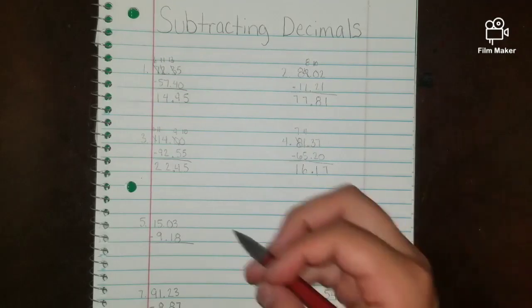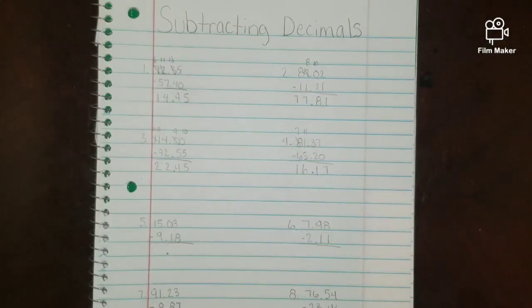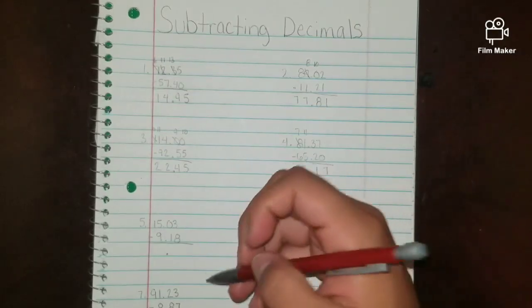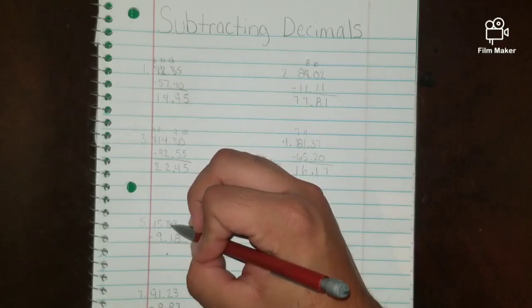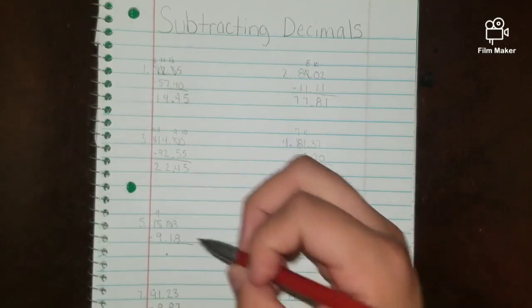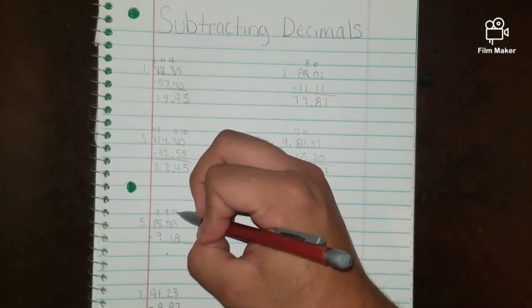For our next one, we can bring down our decimal point since they're in the same place and start subtracting. 3 minus 8 we cannot do because you cannot take away 8 from 3, so we borrow from here. And we borrow from the 5 to make that a 4. So that becomes a 9, and this a 13.